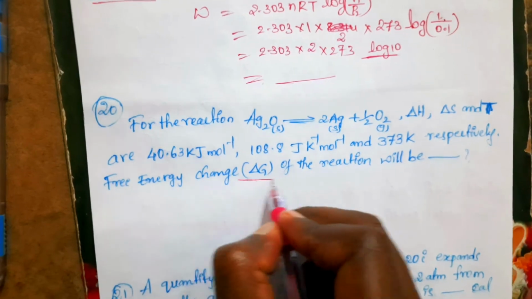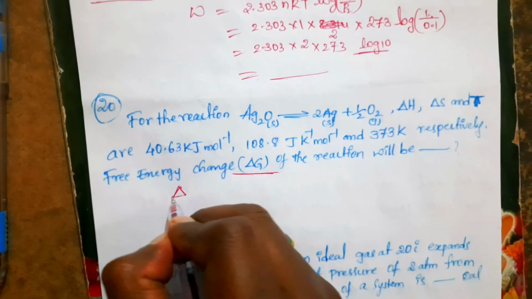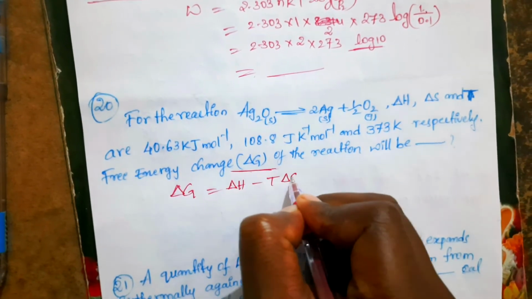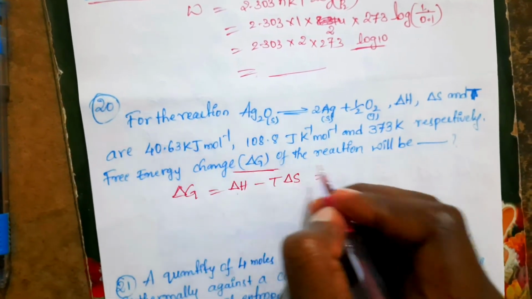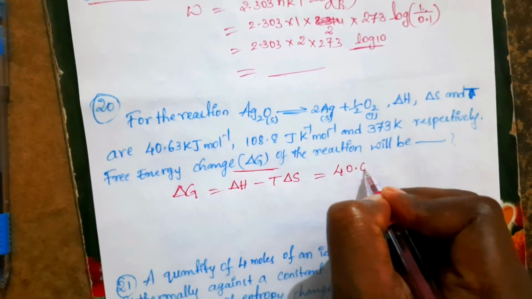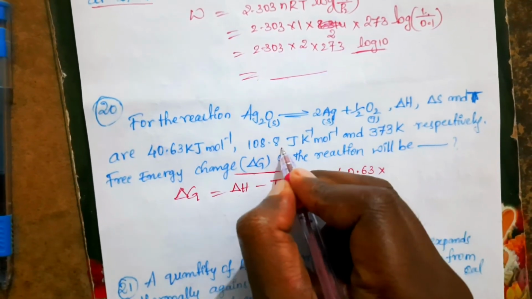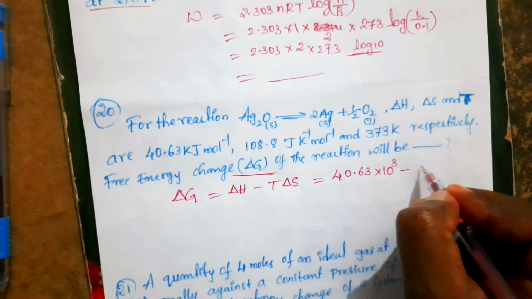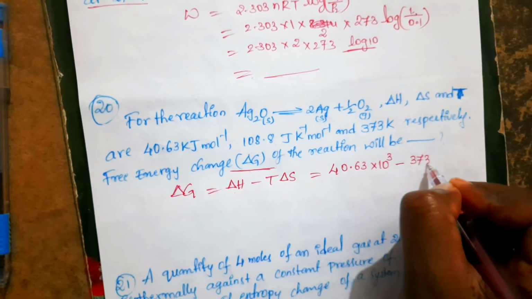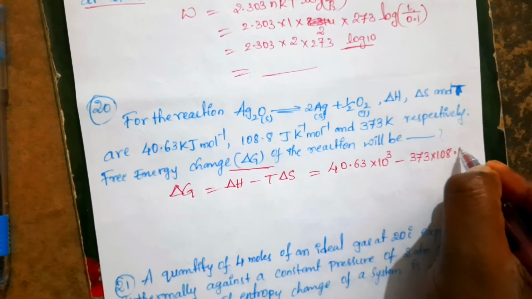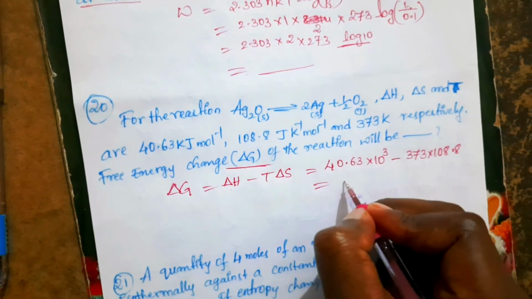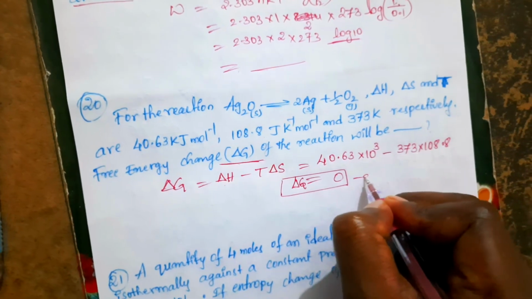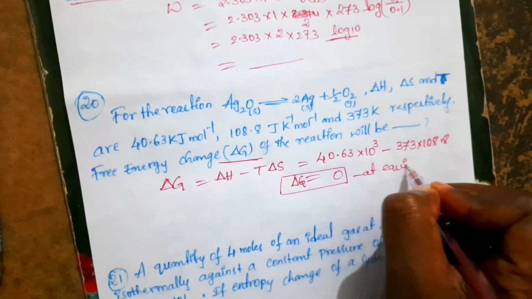Free energy change of the reaction will be, we know that delta G is equal to delta H minus T delta S. Delta H they have given as 40.63 kilojoules, now convert into joules, 10 power 3 joules, minus T which is 373, into 108.8. If you do this calculation, you will get delta G is 0. When delta G is 0, the reaction is said to be at equilibrium.